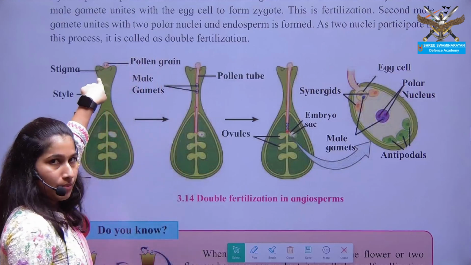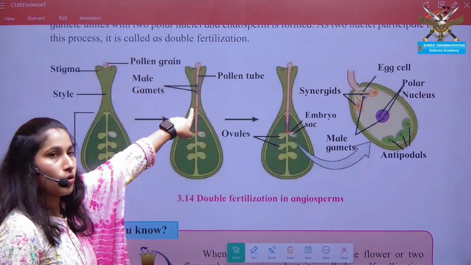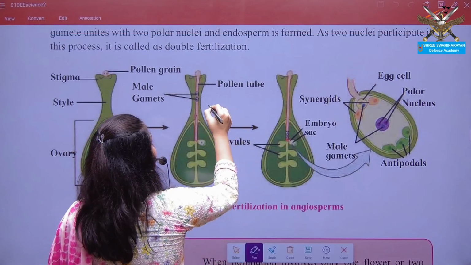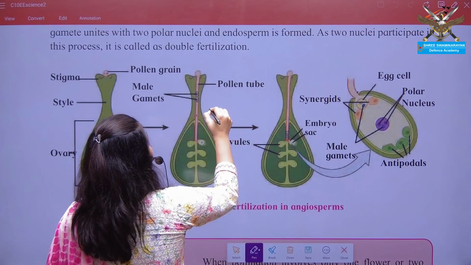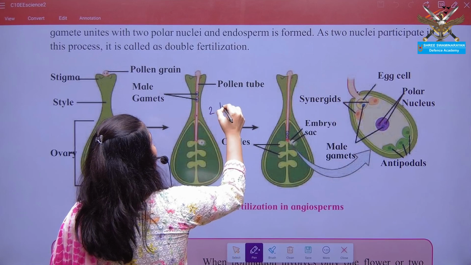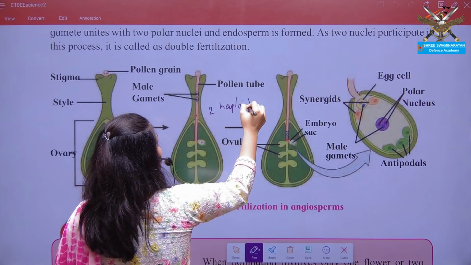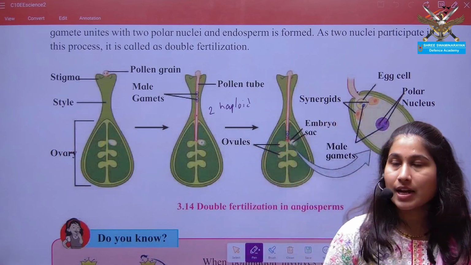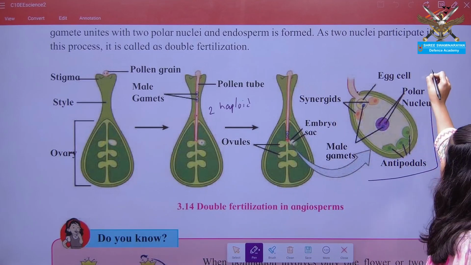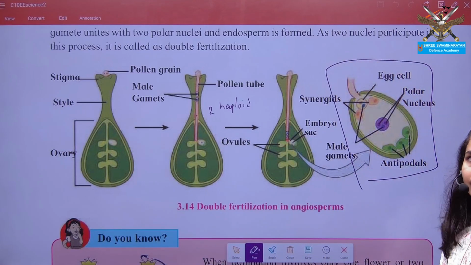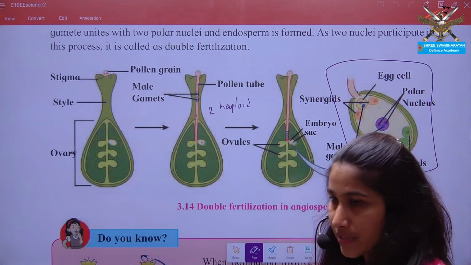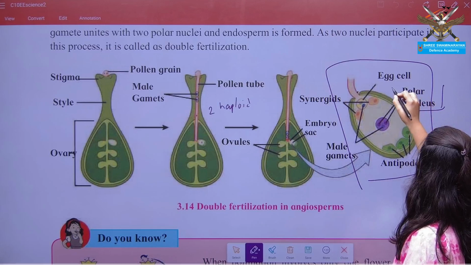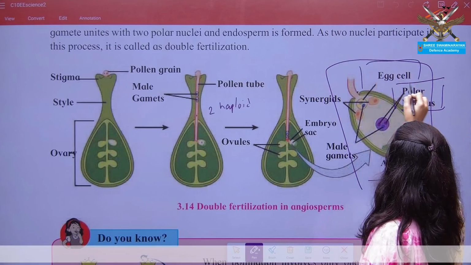Once the pollen grain comes to the stigma, okay, it germinates the pollen tube. The pollen tube contains two haploid male gametes. So this pollen tube germinates and reaches where? It reaches the ovary. The ovary contains different types of cells, but what we have to remember is just the polar nucleus and the egg cell.